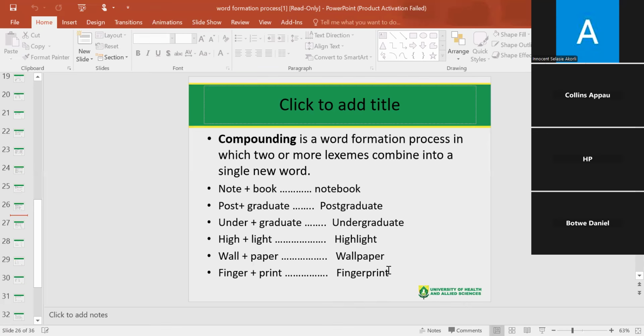But then there are some compounds that must take a hyphen. No matter the situation, it must take a hyphen. Can we think of some compounds that must necessarily have a hyphen between them? Operation. Mother-in-law. Okay.